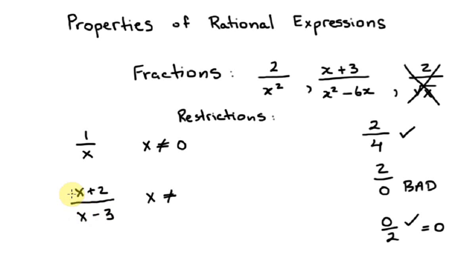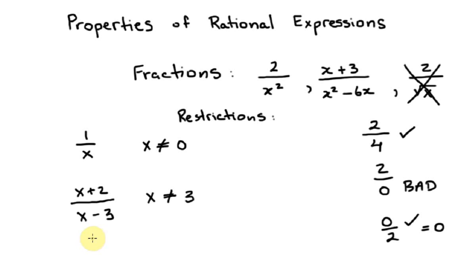You don't care what happens on the top. Negative 2 is okay because negative 2 plus 2 makes 0 on the top, but it doesn't make 0 on the bottom. So the only bad number here is 3, because 3 plugged in for x would produce a 0 on the bottom, and that's considered a no-no.